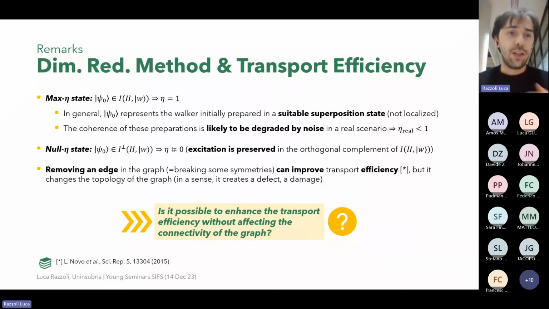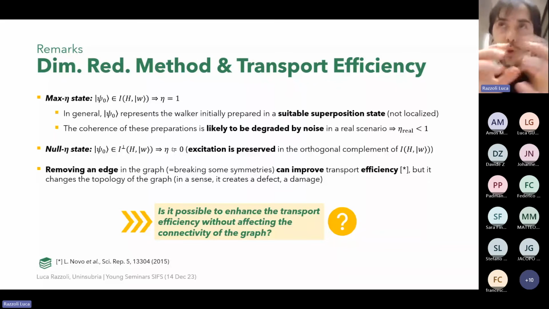Moreover, it is known that removing an edge in the graph, so in a sense we may say breaking some symmetries of the graph, can improve the transport efficiency. However, in doing so, we are somehow changing the topology of the graph, so we are creating defects.